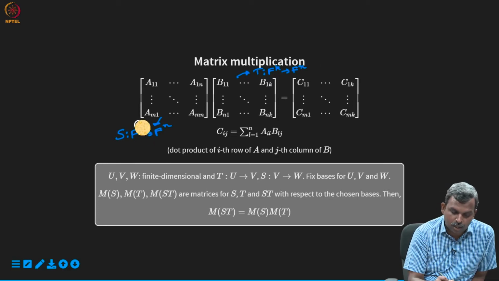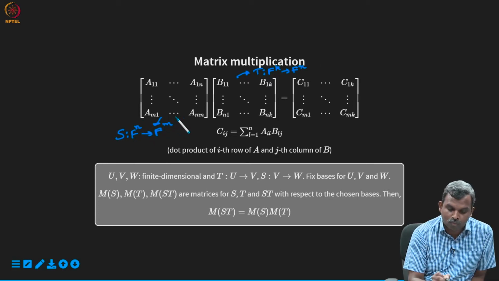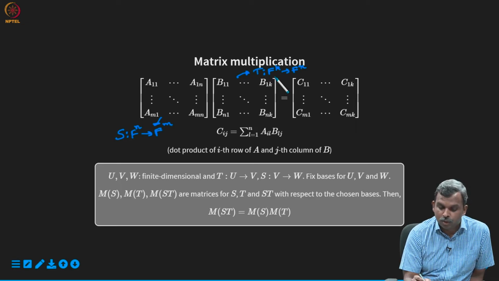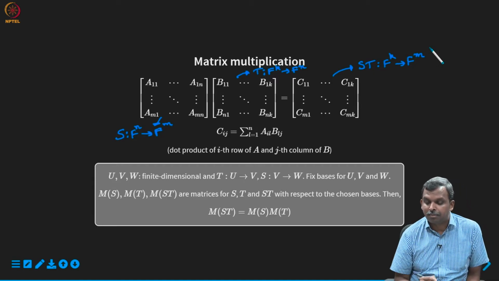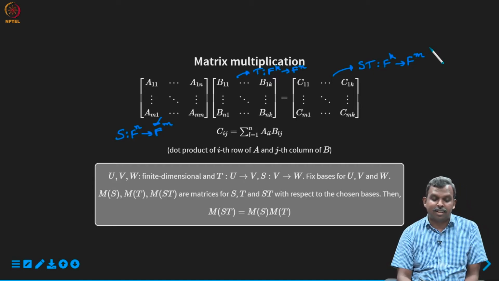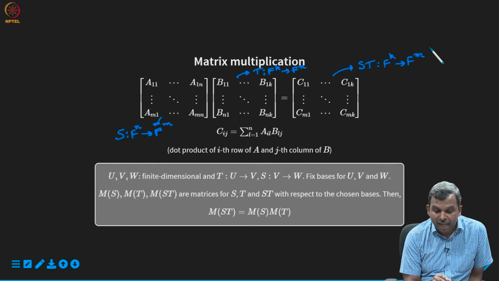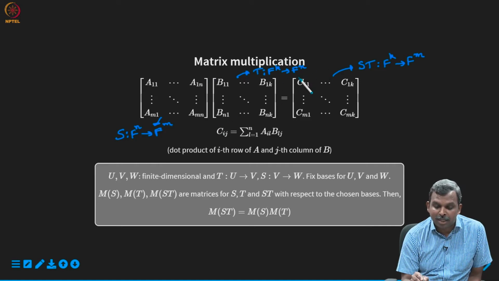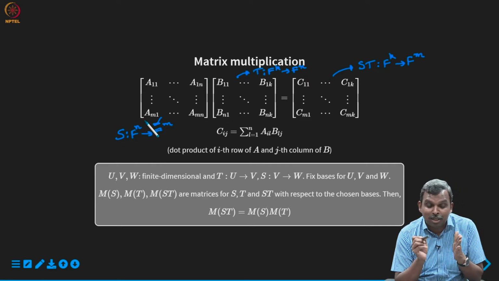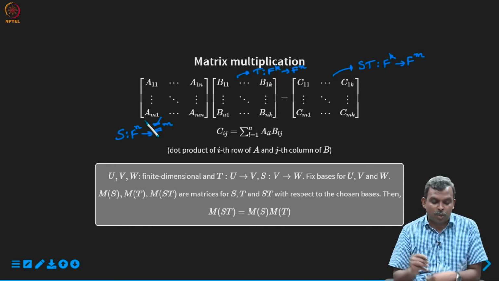I got this wrong at first, it's not Fm to Fn, it's Fn to Fm. So this one is nothing but ST, which goes from Fk to Fm, isn't it? So that's the trick here. Only when n is common, this Fn becomes the common space in the middle. So S and T become composable, so you can do all this.